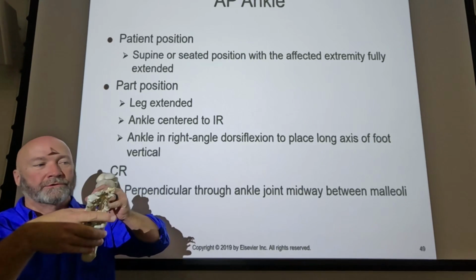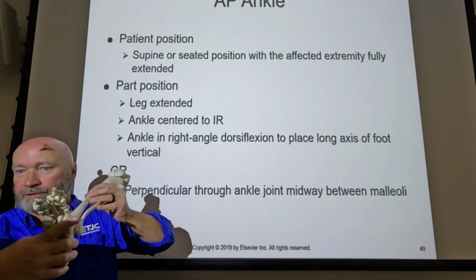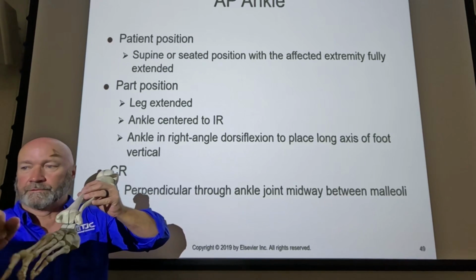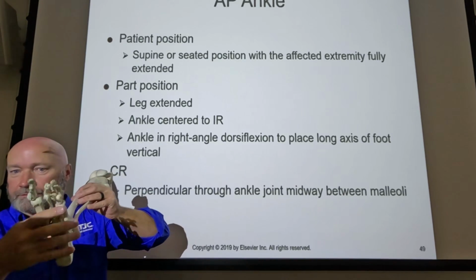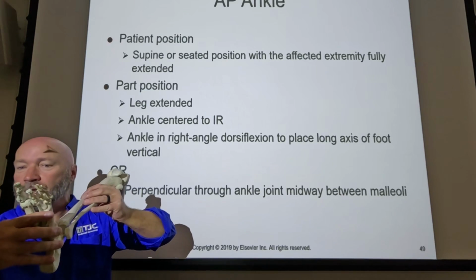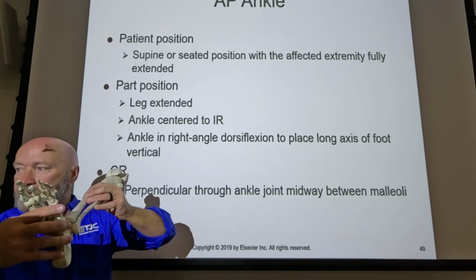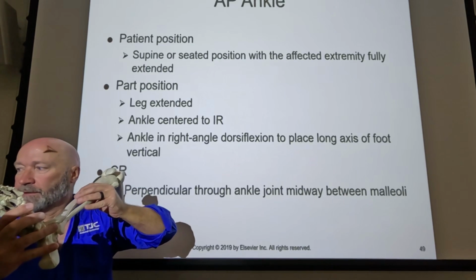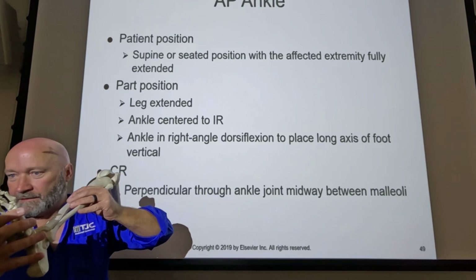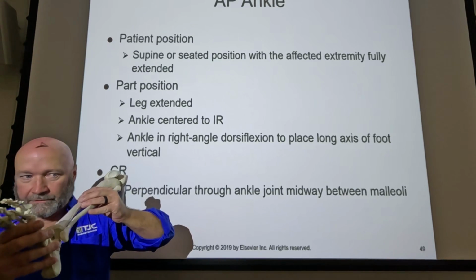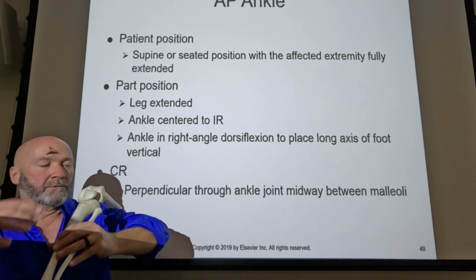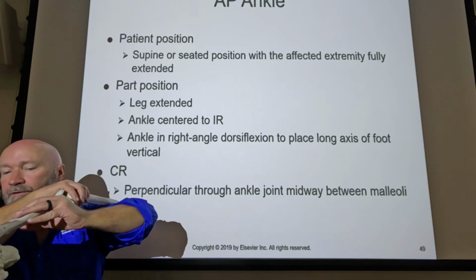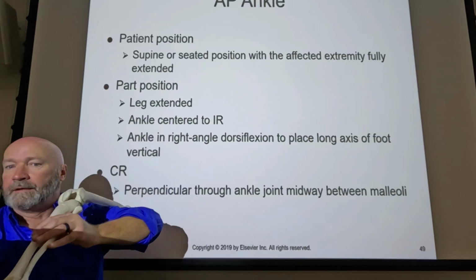I want you to point your toes inward is probably what you're going to say, because patients might start doing crazy things with the toes. Point your toes inward, and in a lot of cases, because the ankle has some movement, they'll just move it, and no rotation at the ankle joint actually occurred. So put your hand on their knee and say, I want you to rotate from the hip internally, turn your toes in, right?